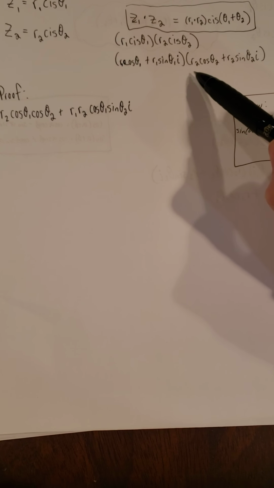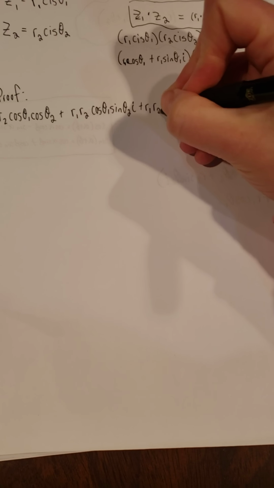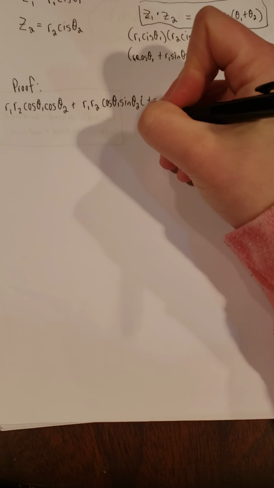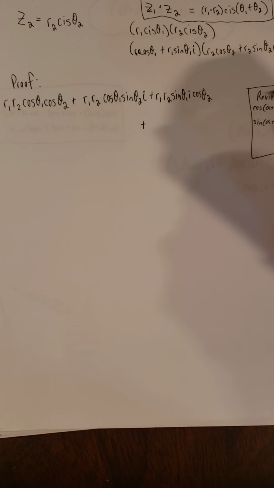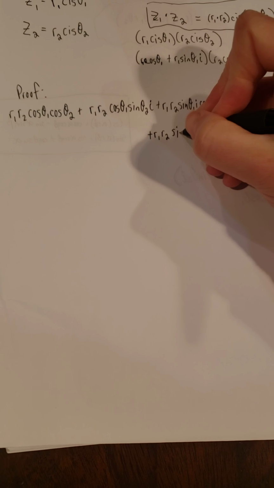And then if we do the inners, that's going to be plus r1 r2 sine theta 1 i cosine theta 2. And then the product of the lasts, I'm running out of room here, so I'll write the fourth term here, plus r1 r2 sine theta 1 i sine theta 2 i.